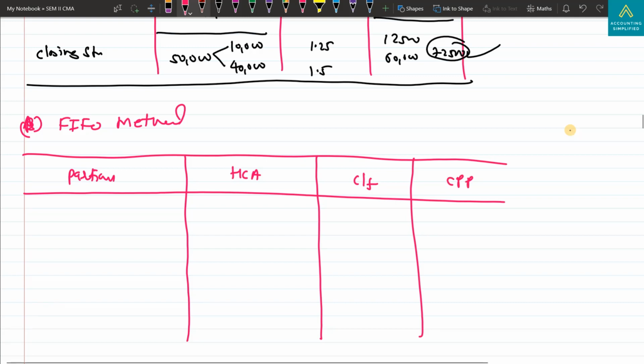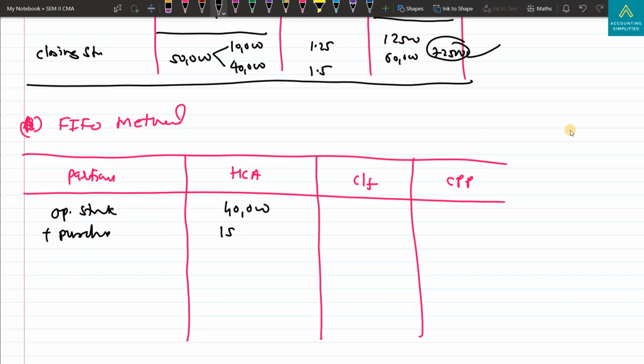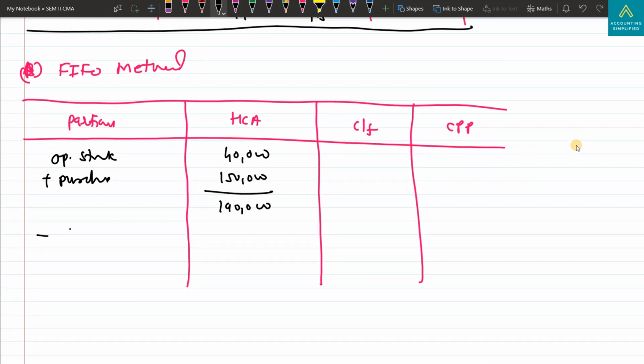So opening stock, already we have done in LIFO, plus purchase 1,50,000, total 1,90,000, minus COGS 1,40,000, and closing stock 50,000. So I am writing 50,000.